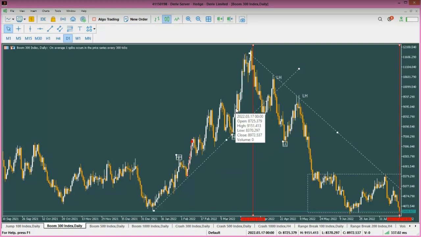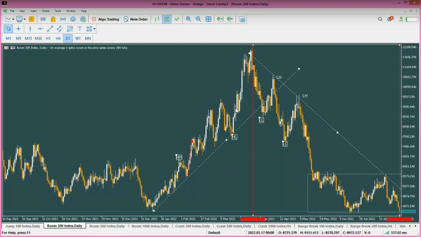All right, now we know how to identify downtrends and uptrends and how to differentiate between an impulsive move and a retracement move. This is very important for you as a price action trader to know.